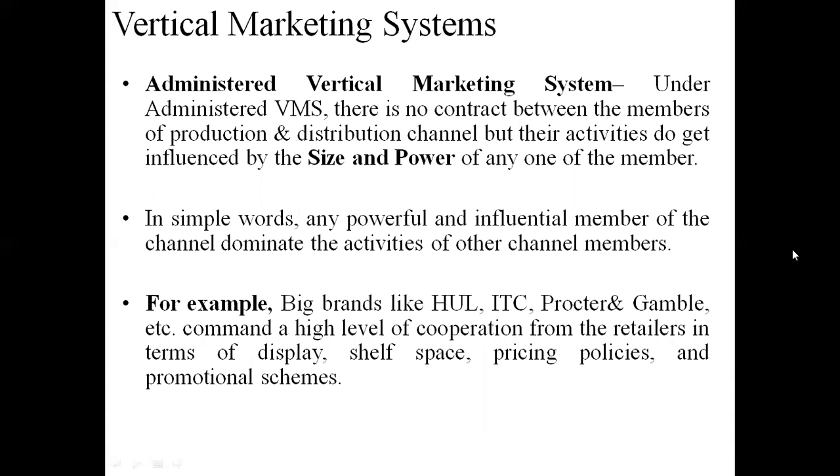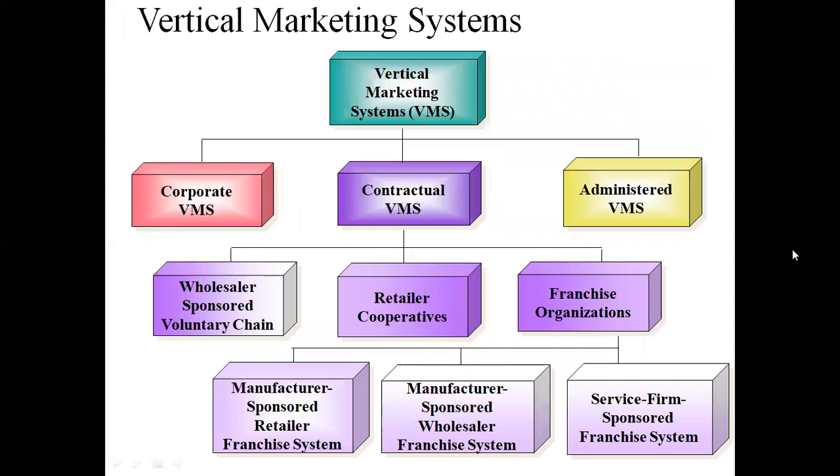And the third one is the administrative marketing system, where the size and power of any member give it control over the distribution channels, like HUL, ITC, Procter and Gamble, or Walmart. I gave you the examples. So I hope the concept is clear.